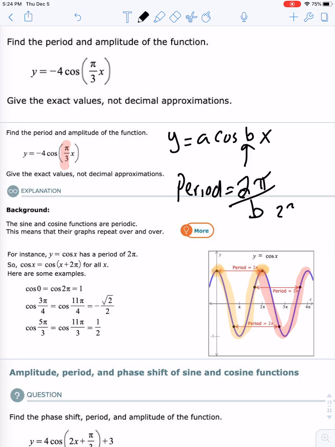So 2 pi divided by pi over 3 is 2 pi times 3 over pi, and that gives us 6. So the period of this graph is 6. And this wasn't referring to this example, I just needed the graph here so I could show you. If you're looking at that going, that doesn't seem right, that's why.